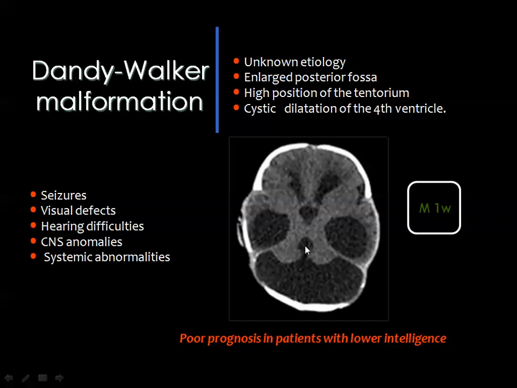You know, this is the region of the cerebellar vermis and it's not present, leading to direct communication between the posterior fossa cyst and the fourth ventricle. Consequently, most of the posterior fossa is occupied by this cystic lesion, and the cerebellar hemispheres will be hypoplastic.